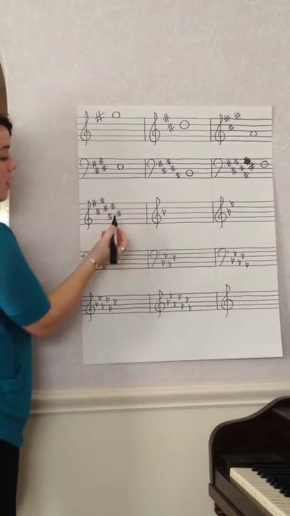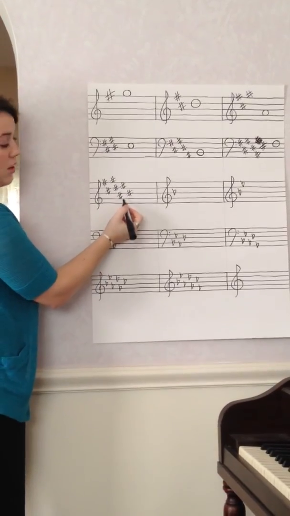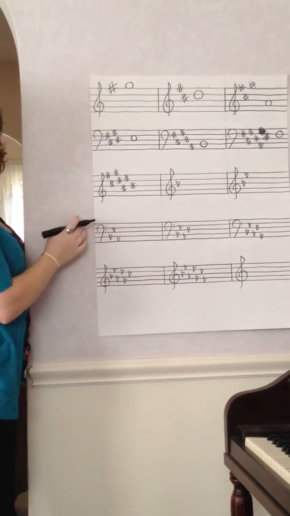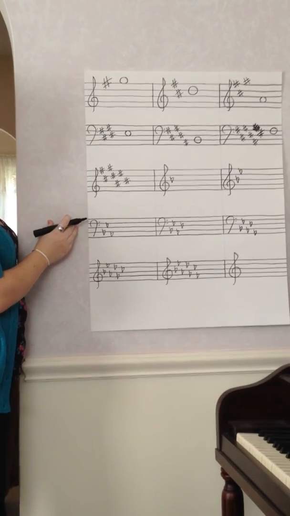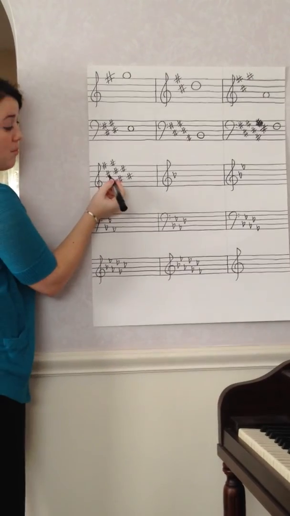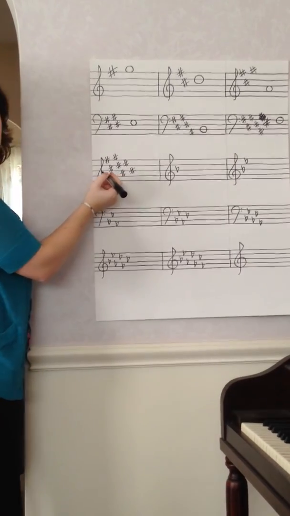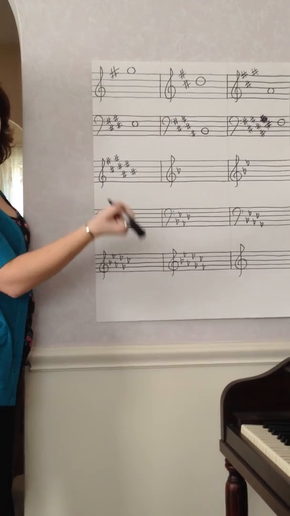Yes? Okay. So, thinking of this final sharp as do on the B sharp line, what will our key be? C? C, but remember, we already have a C sharp in the key signature. So what does that make that C? Sharp.